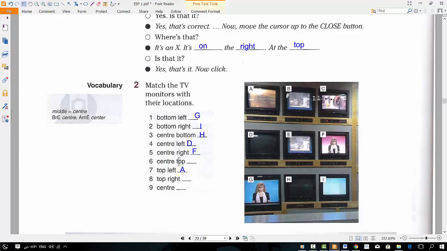This is the top. Center. B. Seven, top, left. A. Eight, top, right. C. Nine, center. This one. E.